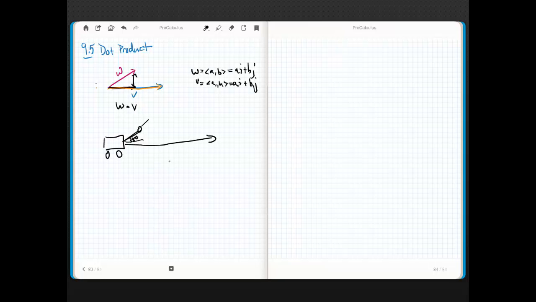Well, you end up with a distance vector, and a force vector that you're exerting on the handle of the wagon. That force vector can be written as the sum of the horizontal component and the vertical component. Now the vertical component does nothing to add to the work done. That's the force that is lifting the wagon up, but it's not dragging the wagon forward at all.